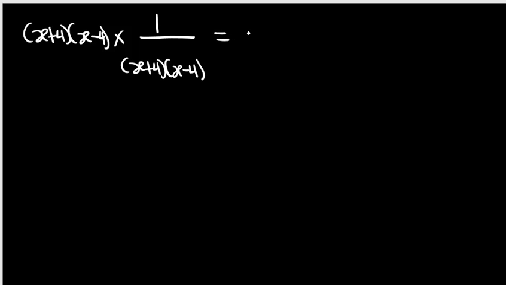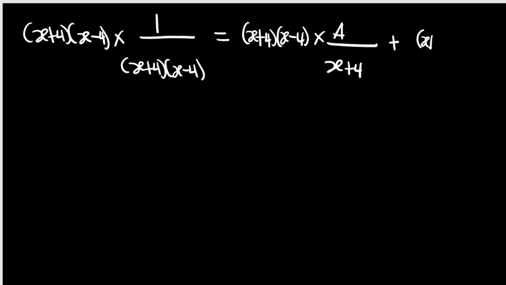This is equal to, we have the same LCM, so x plus 4, x minus 4 times A over x plus 4, plus the same LCM, that is x plus 4, x minus 4, times B over x minus 4.